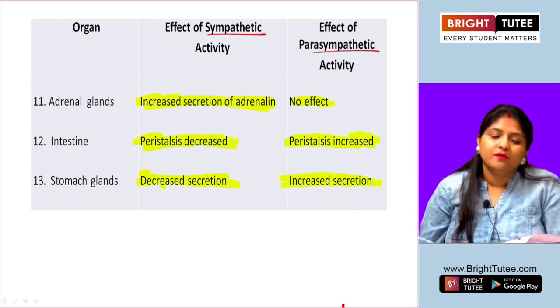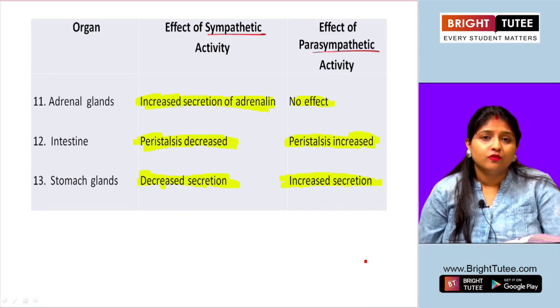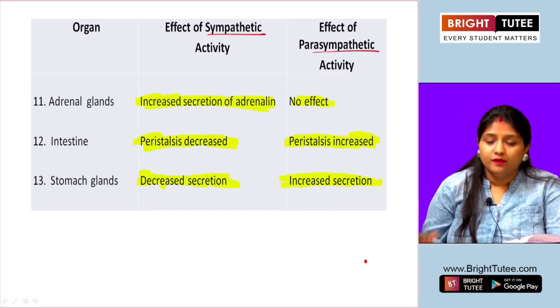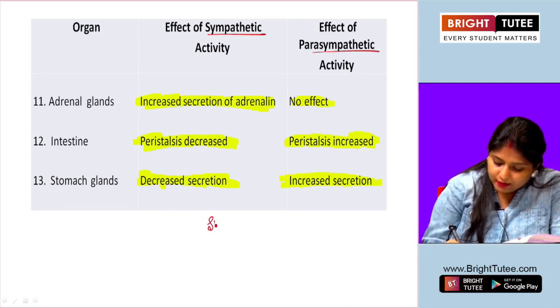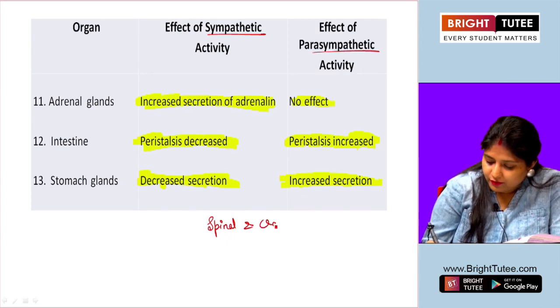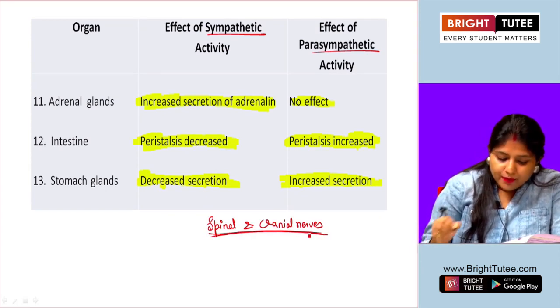So PNS is basically a huge network. When we were looking at the diagrams also, we saw that PNS was a huge network of both the types of nerves, that is your spinal as well as cranial nerves, right? So both the types of nerves were associated with the PNS, right?